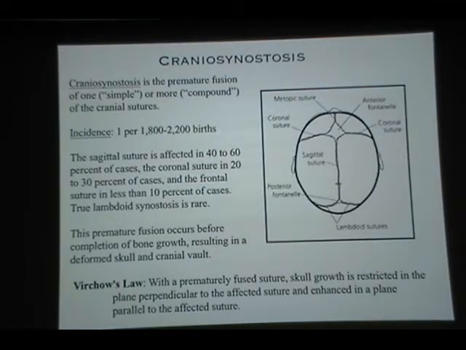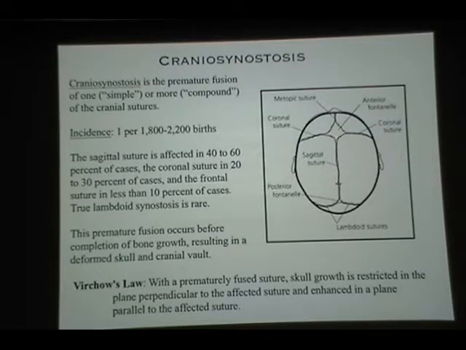Craniosynostosis. As the large flat bones in the skull form, they form sutures in between them. That suture is the point of growth of those large flat bones. But they stay separate throughout gestation in order for your brain to grow properly, in order for delivery to be proper, and also postnatally, the brain is really growing fast, so these sutures allow that brain to grow fast.